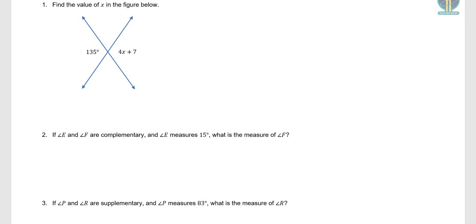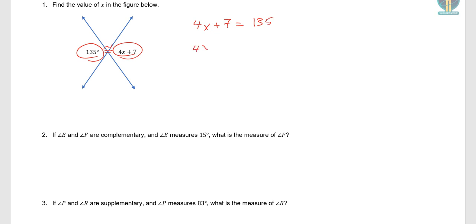First exercise. Find the value of x in the figure below. Vertical angles are opposite each other, so they are equal, or congruent, we should say. So we could just write the algebraic relation 4x plus 7 equals 135, and then solve for x.